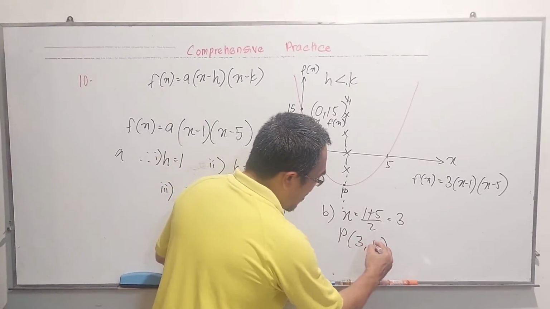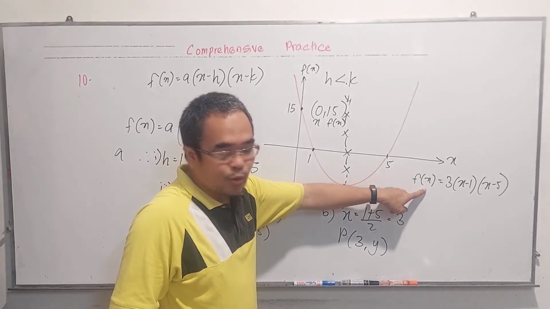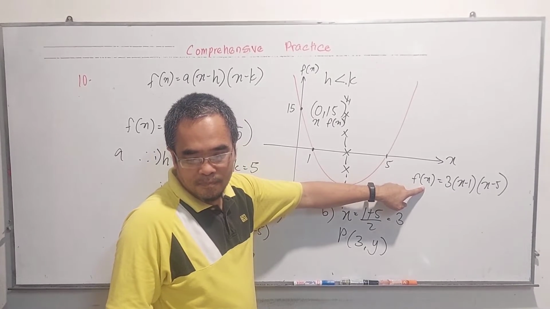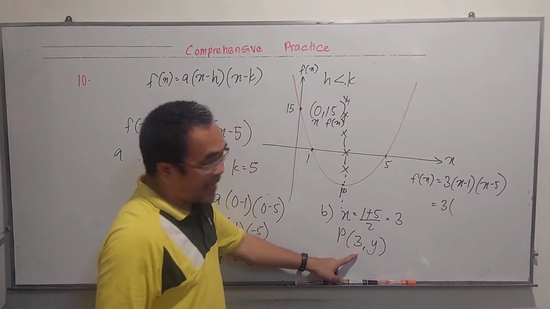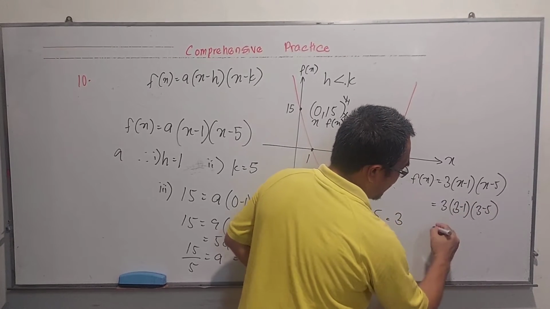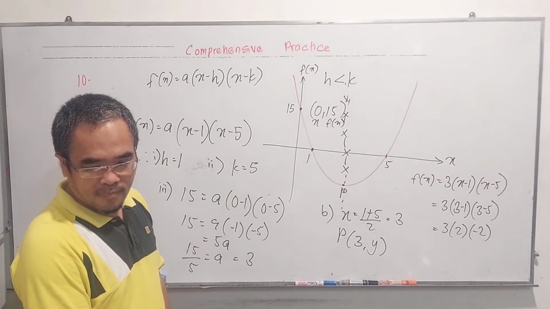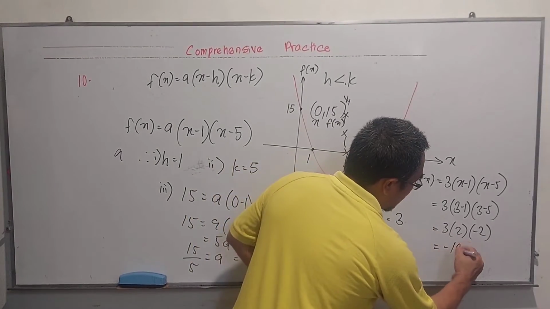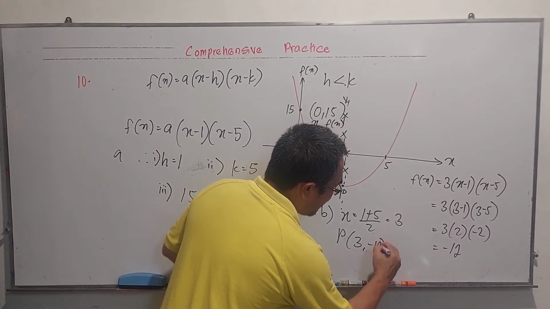Okay, f(x). So 3 times (3 minus 1)(3 minus 5). So 3, 2 and negative 2. 3 times 2 times negative 2 is negative 12. Therefore the coordinate of P will be 3, negative 12.